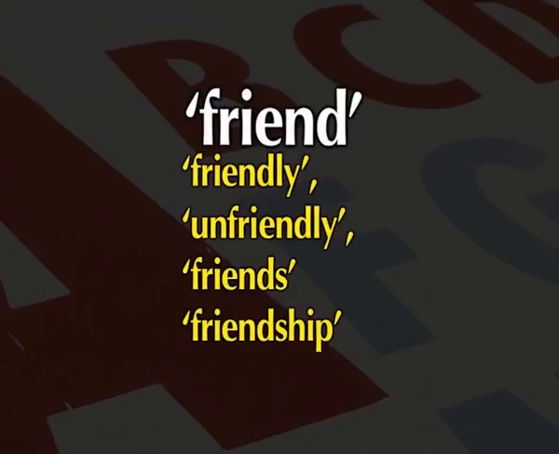A stem is a morpheme to which a suffix can be added. From the stem "friend," we get the words friendly, unfriendly, friends and friendship by adding affixes. Some stems contain more than one root, like "blackbird." They are called a compound.